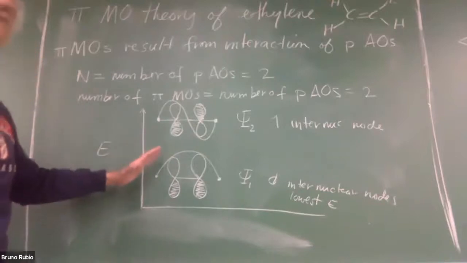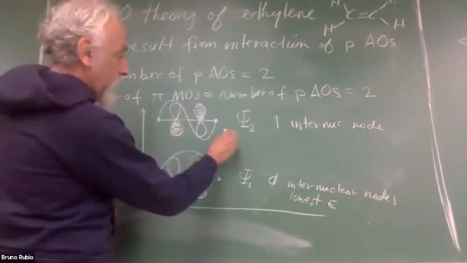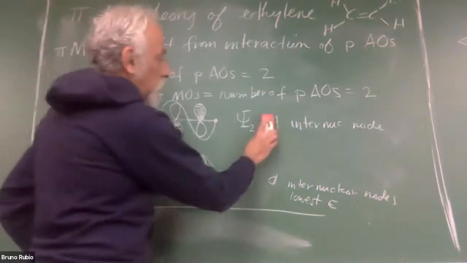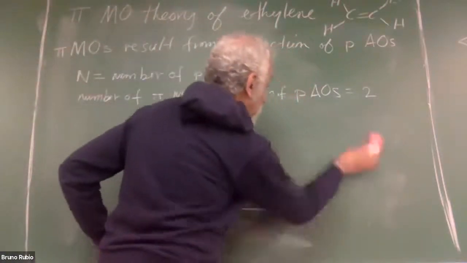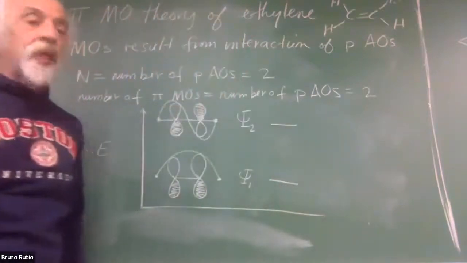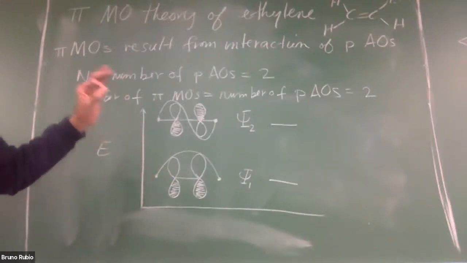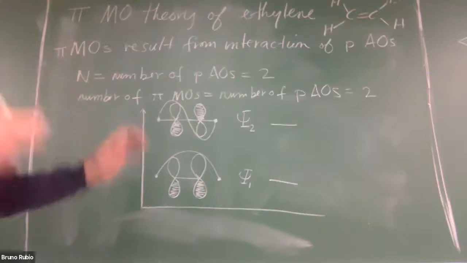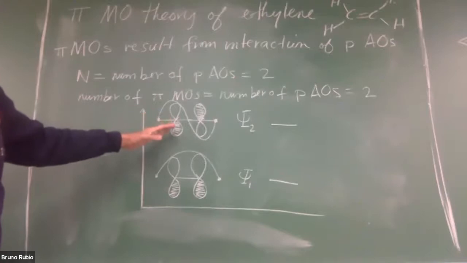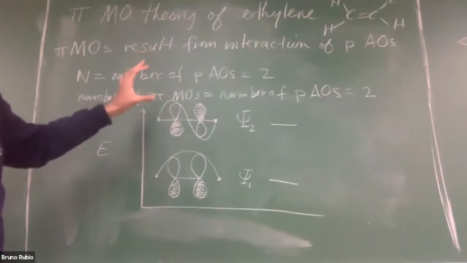All right, now a little bit more vocabulary. Okay, so we have this guy. I'm just going to draw a line here that represents the energy level. And now to finish up this diagram, I want to feed electrons in, so that for ethylene, I have to find a home for 2 pi electrons.